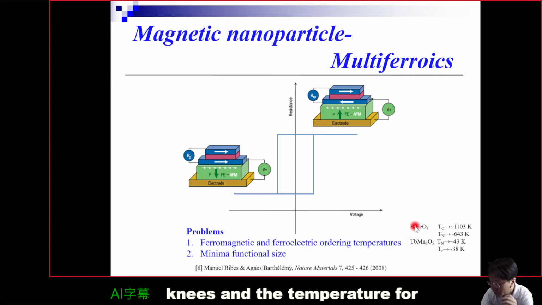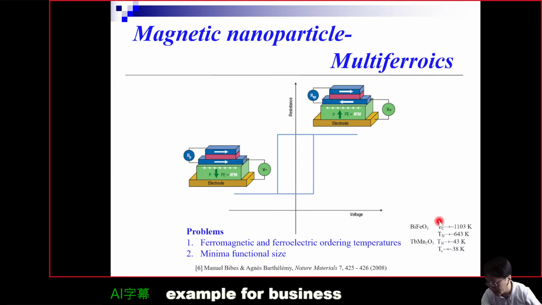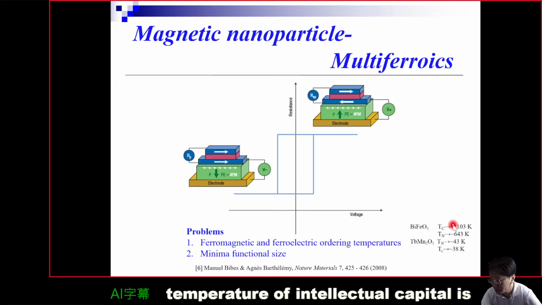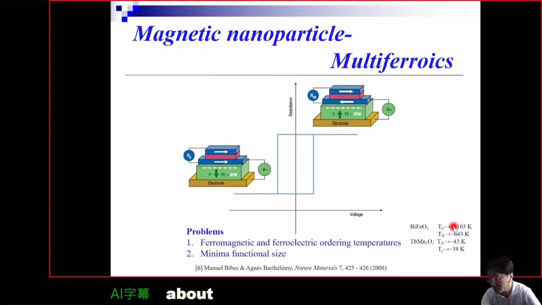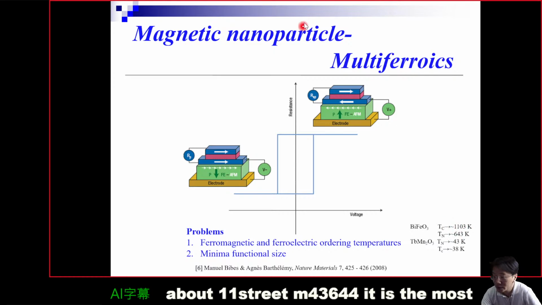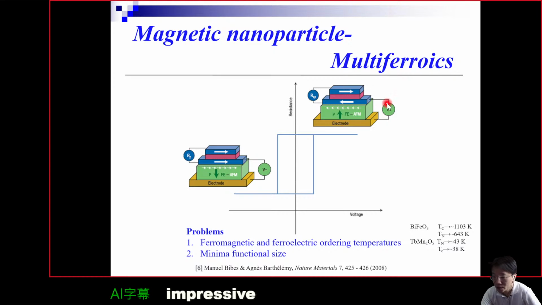For example, for bismuth iron oxide, its Curie temperature, I mean the electric ordering temperature, is about 1100 K, and its magnetic ordering temperature, the Néel temperature, is about 643 K. That sounds good because mostly we operate this magnetic unit at ambient temperature.